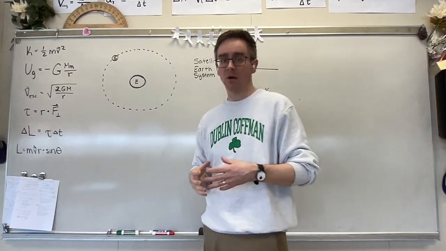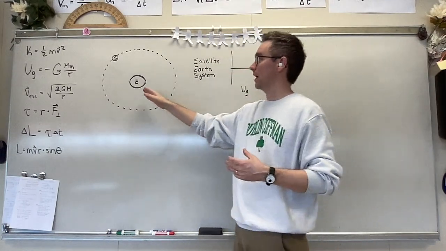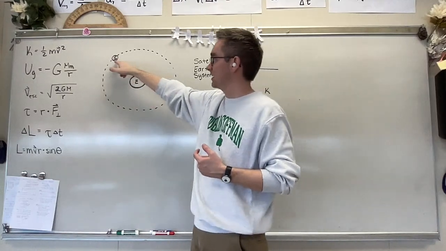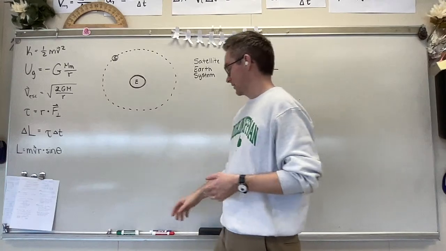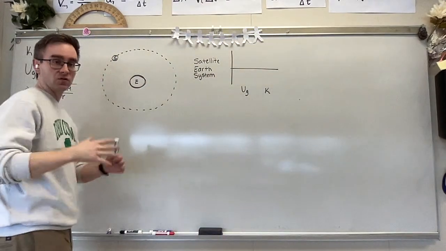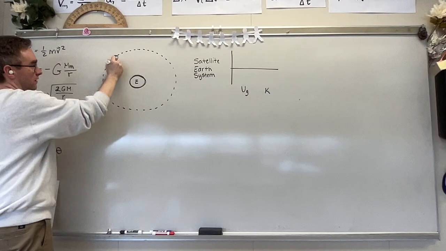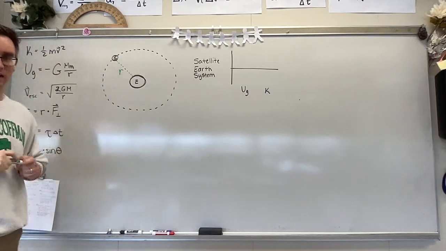So let's talk about what we have right here, all right? Let's say we have the Earth here in the center, and we have a satellite that's moving around that object. Let's do this in terms of circular motion. So if we're in circular motion, I know that I have a radius r that is acting right there.